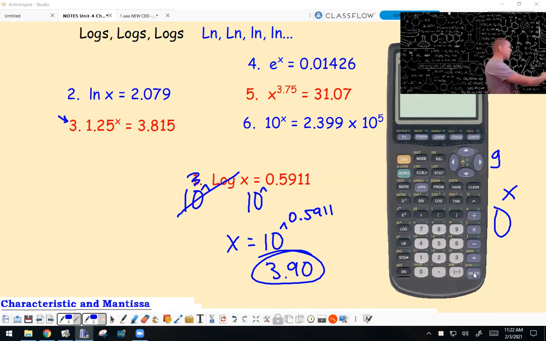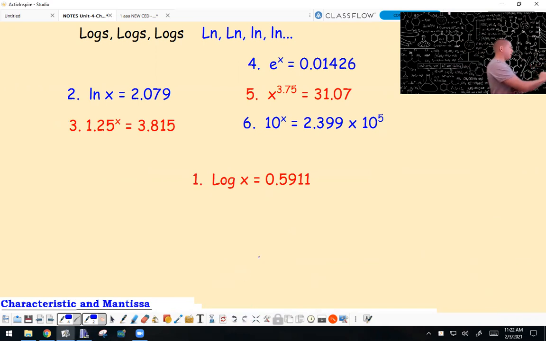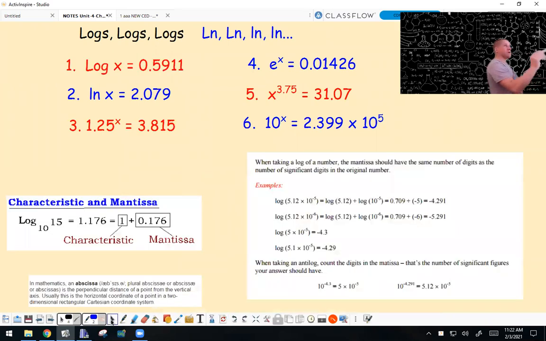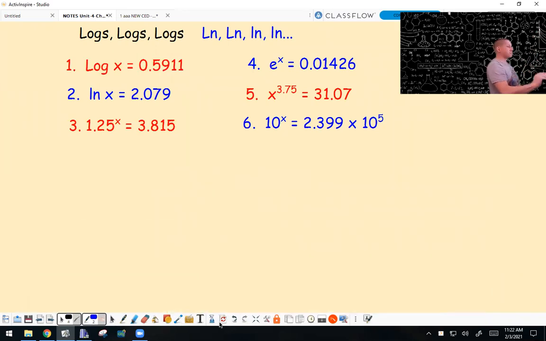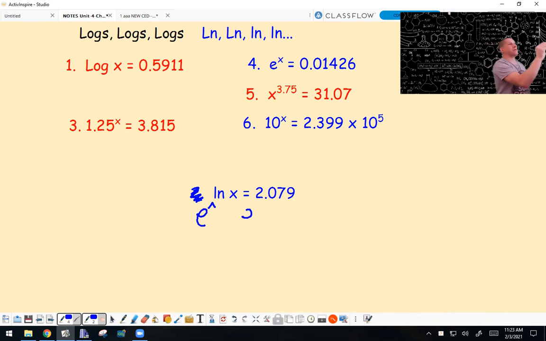So when you see the word log, you use the antilog button. When you see ln, now we need to know the opposite of ln. So the opposite of ln is not 10 to the, because that's base 10. It's e to the.